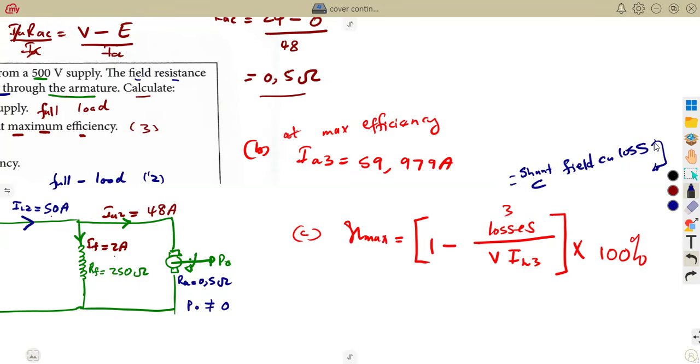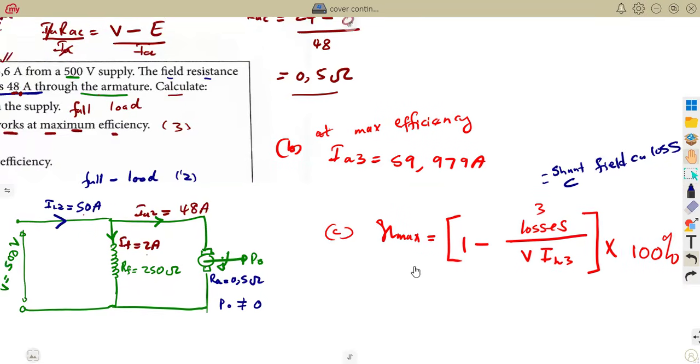But the advantage is that for these, the shunt field copper loss and the iron, friction and windage losses, these will actually remain the same. They are not affected. I want you to see this part.